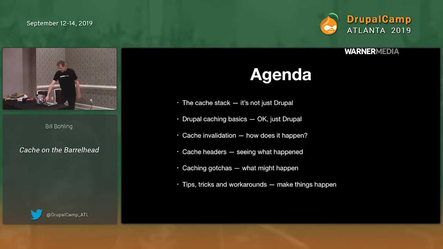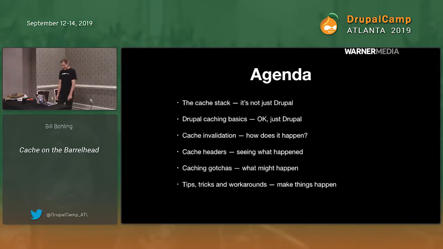So, as far as an agenda, we will start off with a brief talk about the whole cache stack, because there's caching going on outside of Drupal too. Then the basics of caching in Drupal, the pieces that are involved with caching, how cache gets invalidated, and the headers that you get when you are invalidating cache so you can see what happened.